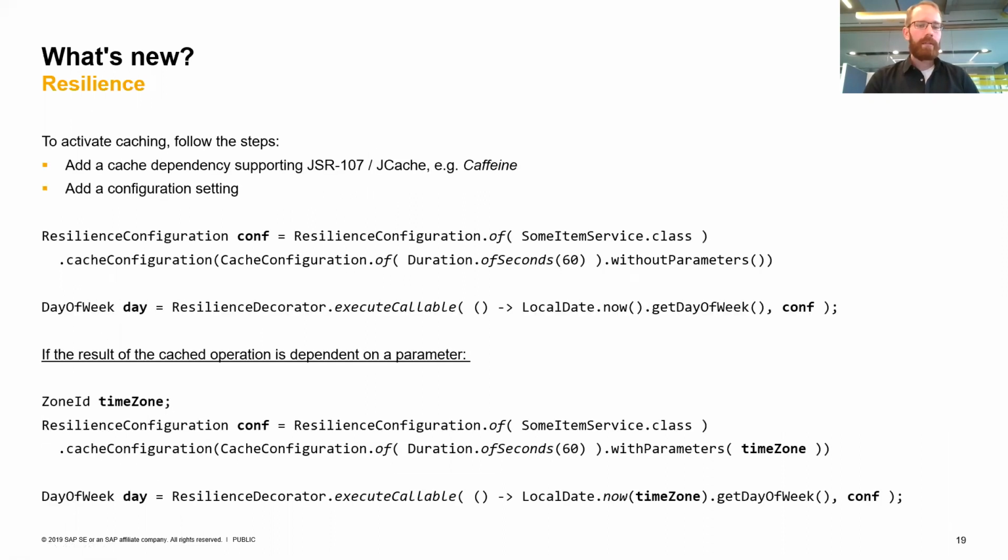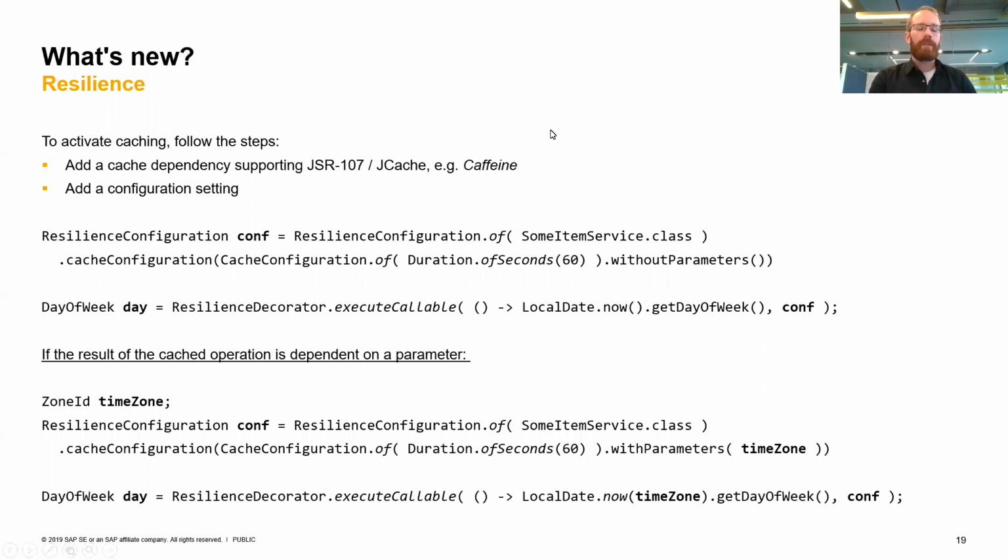So that's that. And now I mentioned caching multiple times without showing anything. So here now a slide with some details on that. So in general, what we do there, or Resilience4J under the hood, is implementing or working only against the JSR 107, also called JCache, which is in the end just an interface, which is then implemented by many, for example, also community projects.